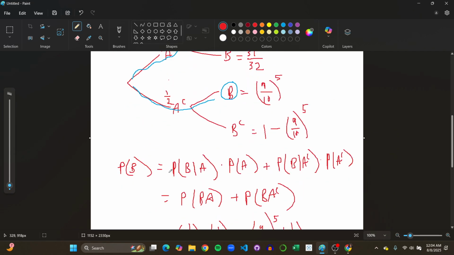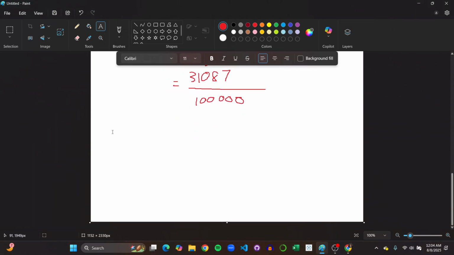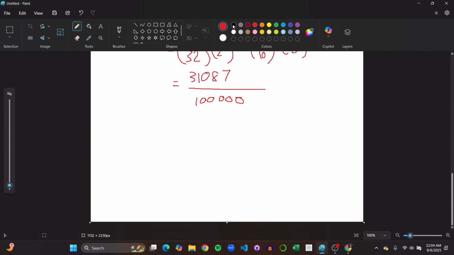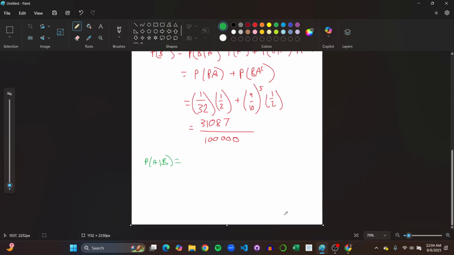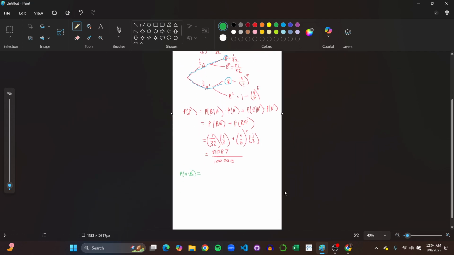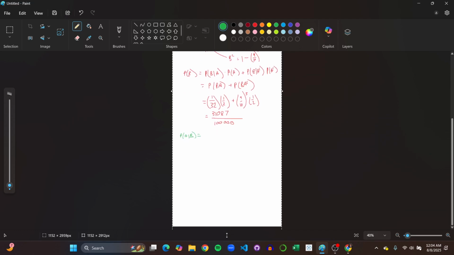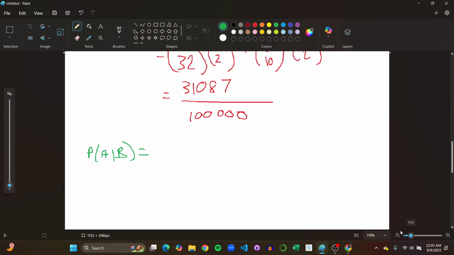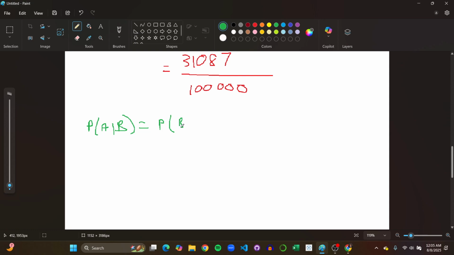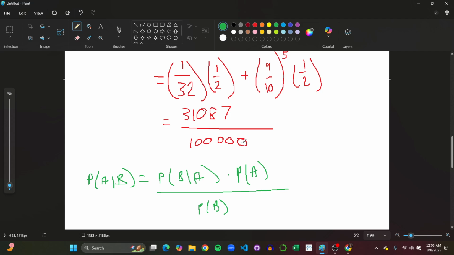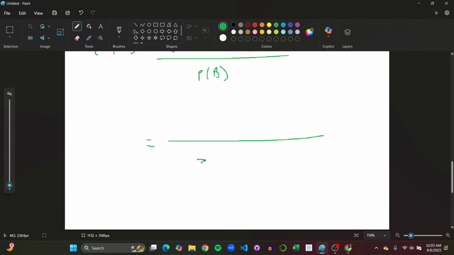So let's use a different color now. So P of A given B is equal to, let me make some more room, P of B given A times P of A over P of B. And we have found that this number is P of B, so 31087 over 100,000.